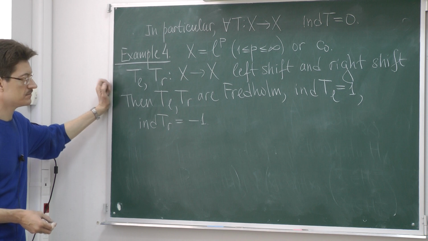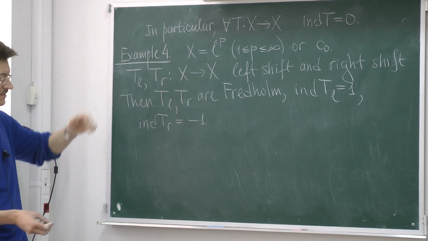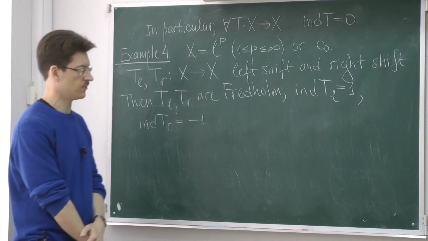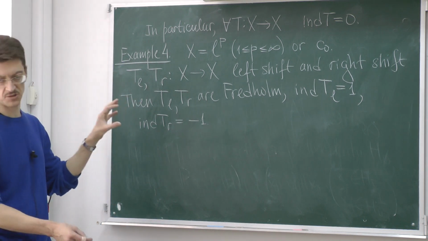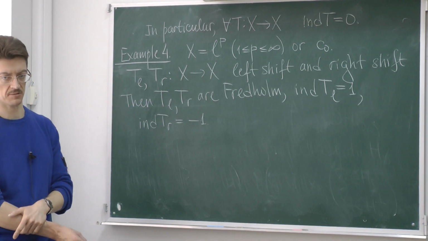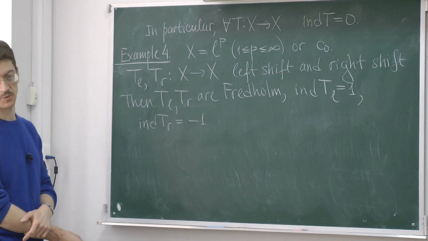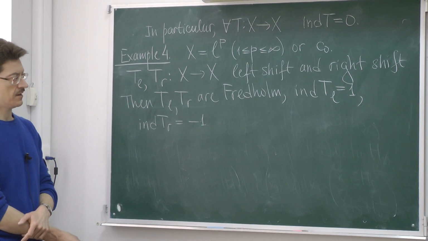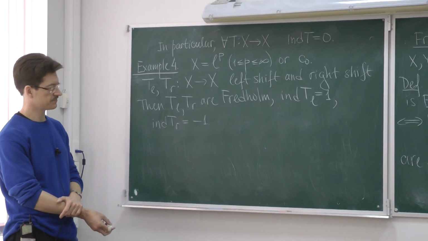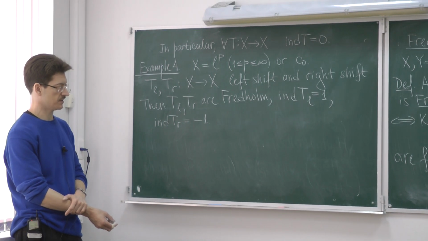Indeed, by the definition of the left shift, its kernel consists of all vectors such that the first coordinate is arbitrary and the other coordinates are 0. And clearly this space is one-dimensional. But the cokernel is trivial because the left shift is surjective. So the index of the left shift equals 1.